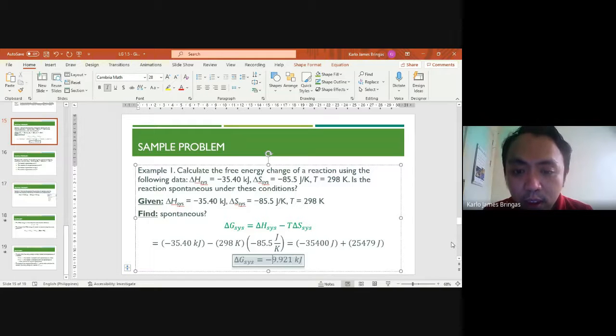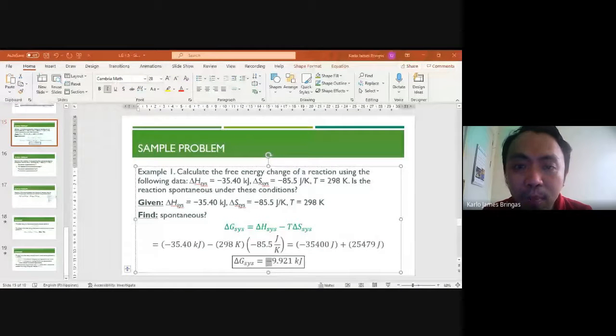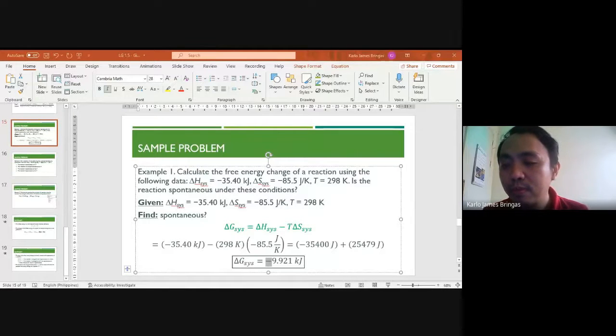Okay? So looking now at the sign ng delta G, so can you please tell me, do we have a spontaneous reaction or non-spontaneous? So let's see what the class thinks for this one. So my answer is Danielle. How about the others? So what do you think? From the sign ng delta G, do we have spontaneous or non-spontaneous?